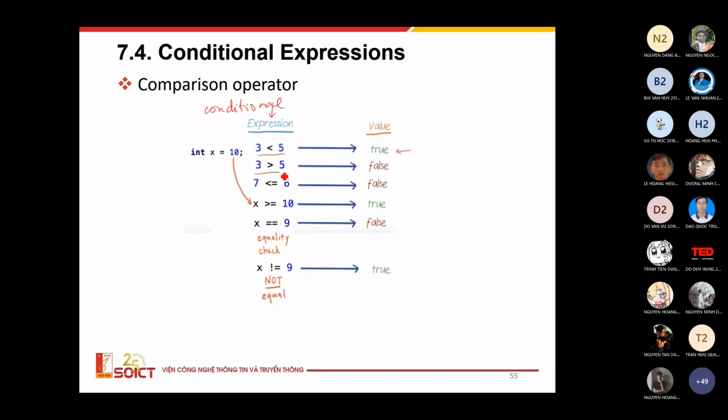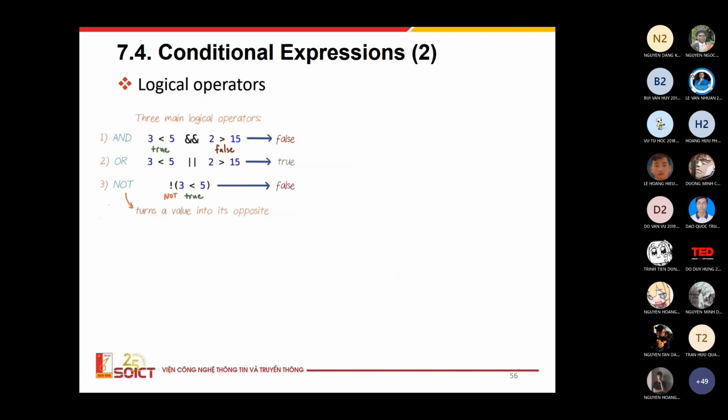You will use this operator to check the equality, to check the condition. The double equal operator means you want to check the equality, and the exclamation with the equal operator means you want to check if it's not equal.